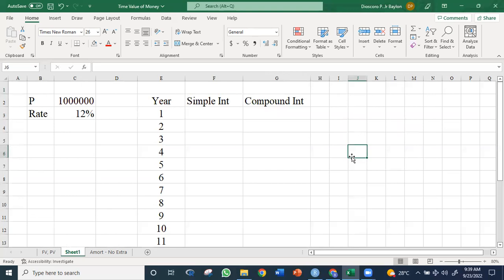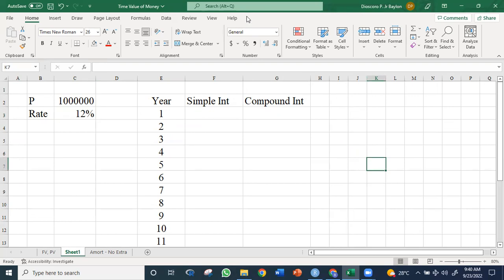What we're interested in is to see the difference between simple interest and compound interest, assuming that the principal is 1 million and the rate is 12%. Kindly please tell me if you have set this up.